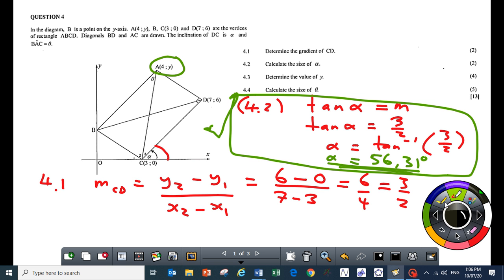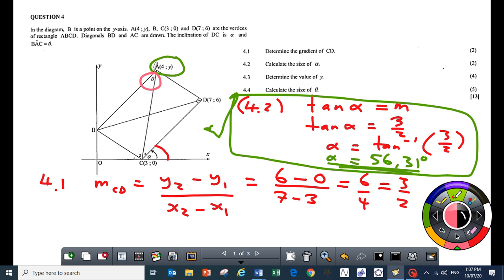From the definition of angle of inclination, is this theta an angle of inclination? No, it's not. So you can't use tan theta equal to m straight away. You can't use theta equal to shift tan of m plus 180. You have to go via maybe triangles or any other method.